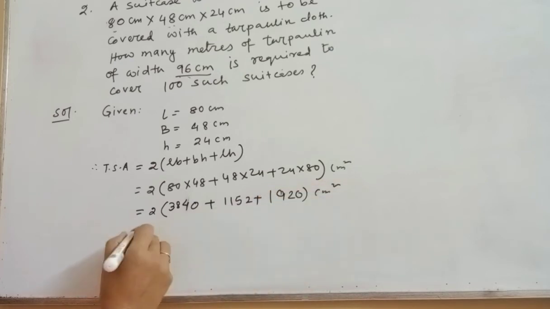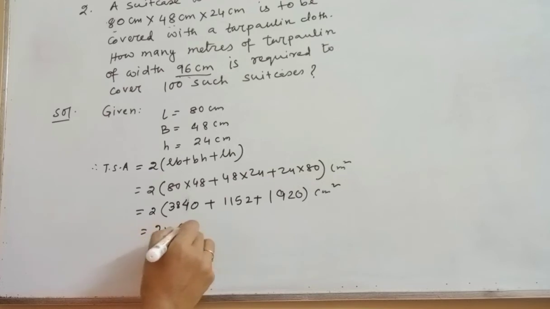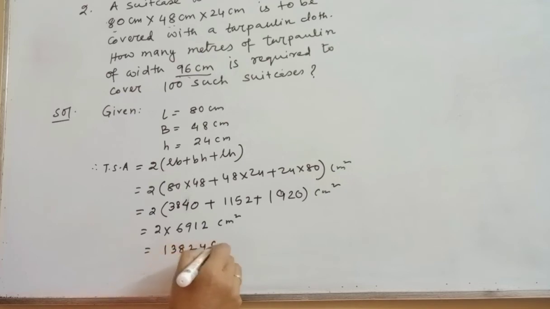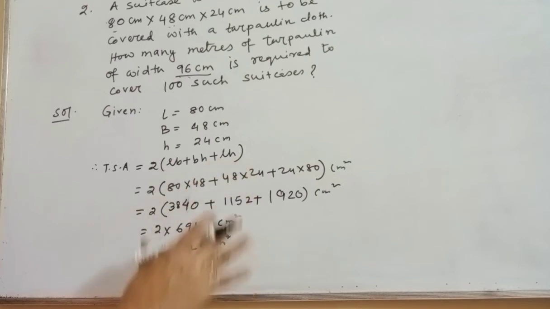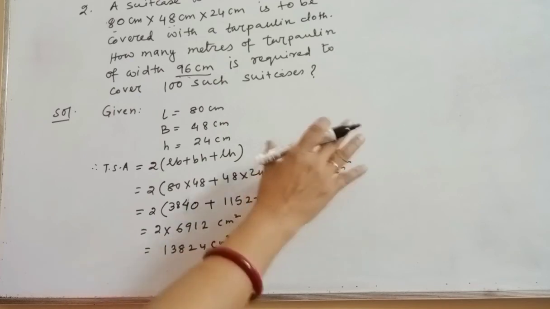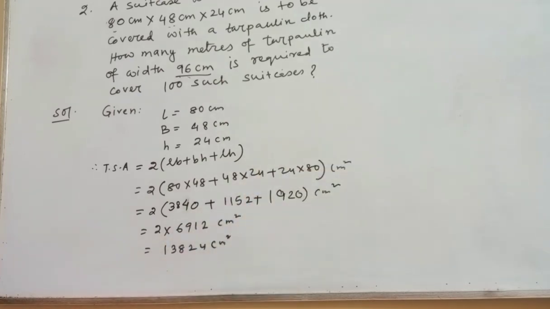Add all these, we will get 2 into 6912 centimeter square, or multiplying it by 2, 13824 centimeter square. Do all this rough work, all this multiplication work, on the right side of your copy.